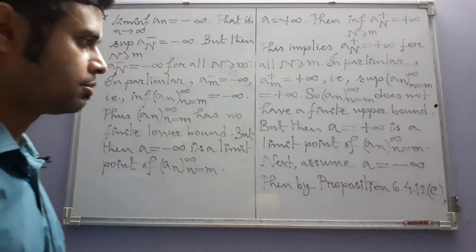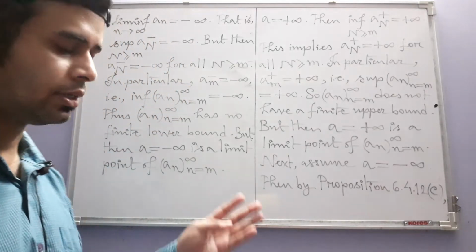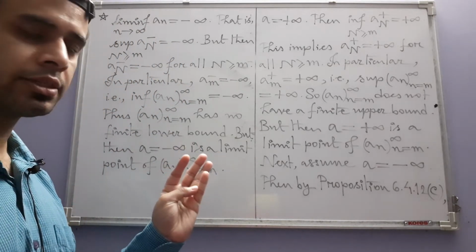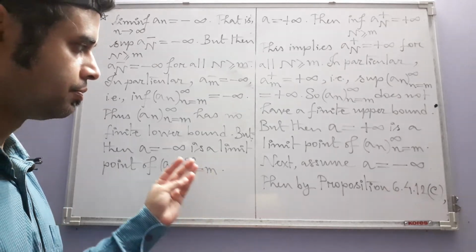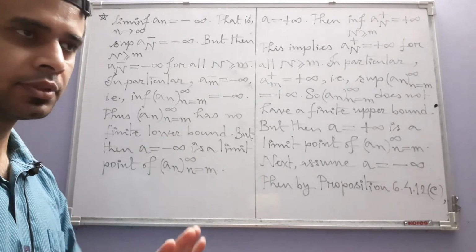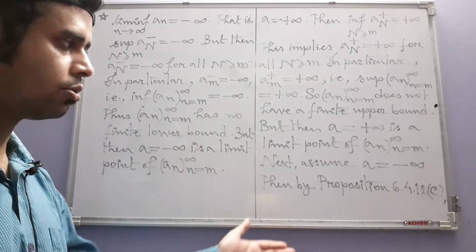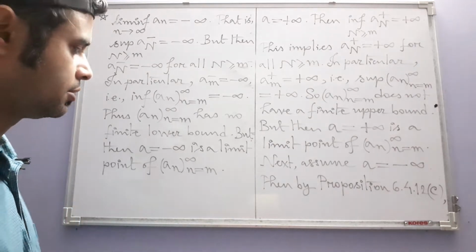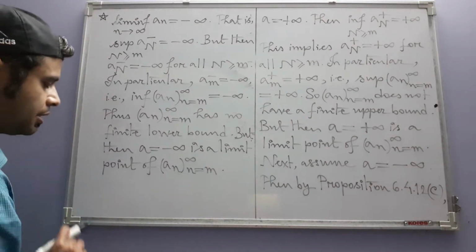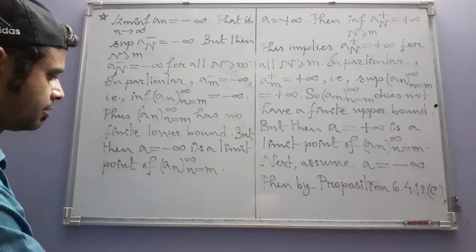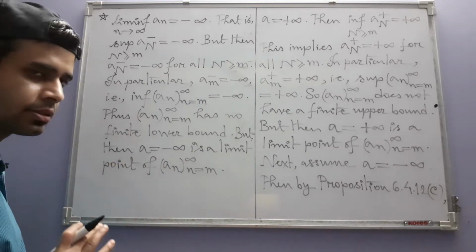Okay, so we have shown that whether the limit superior is a real number or plus infinity or minus infinity, it is a limit point, taking everything into consideration, the old definition as well as the new definition. Next, what we are going to show is that it is the largest limit point.